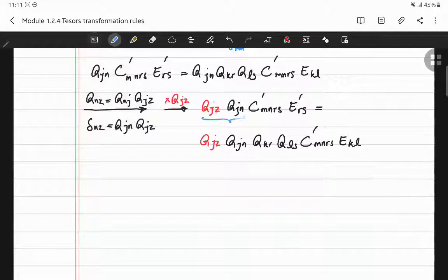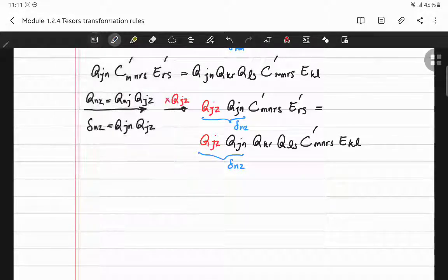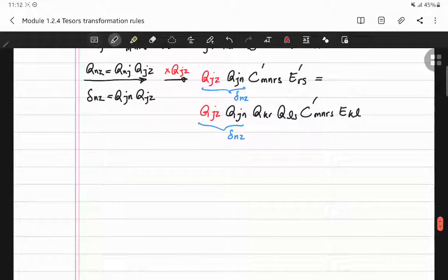So I have here this as delta nz, I have here this delta nz. So n is equal to z. Wherever I see z, I can substitute it with n or vice versa. I prefer to keep it as z is equal to n. So C prime mnrs, instead of writing z here, I prefer to write mn.